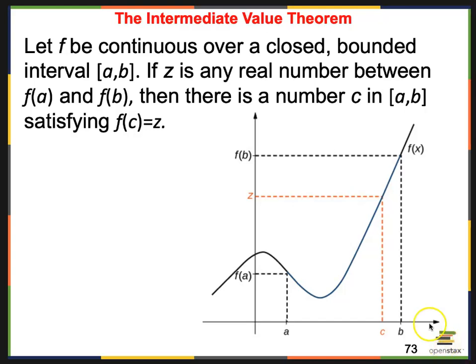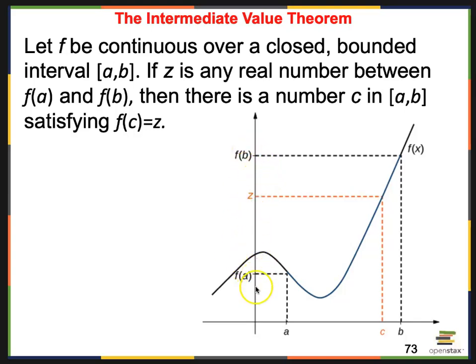Let's look at our graph here, our picture. So there's our function f of x, on a closed interval from a to b. z is any real number between f of a and f of b. So there's z, and it's between the two.